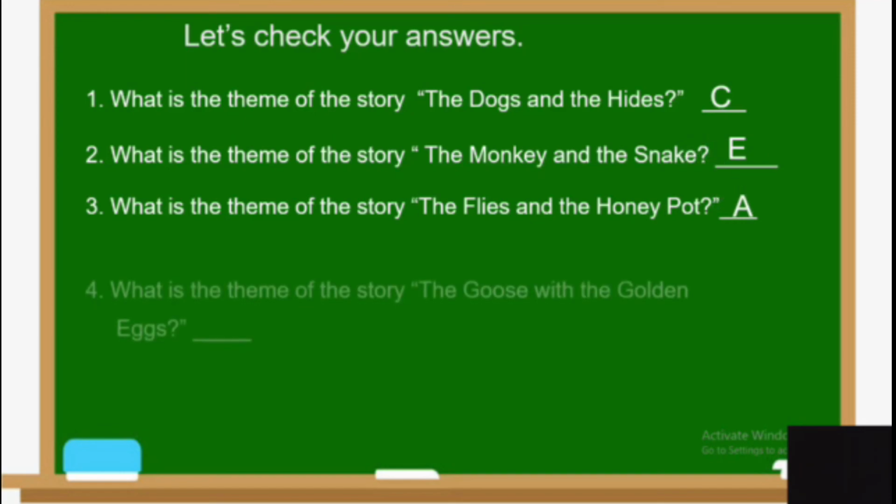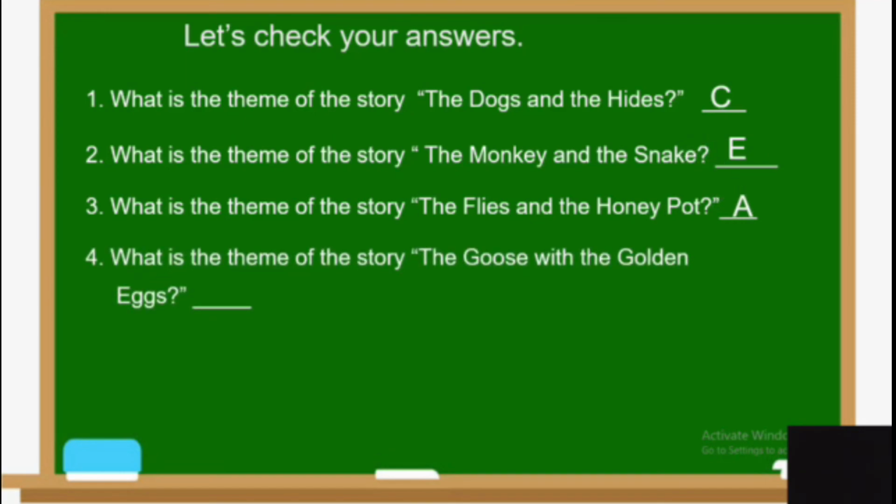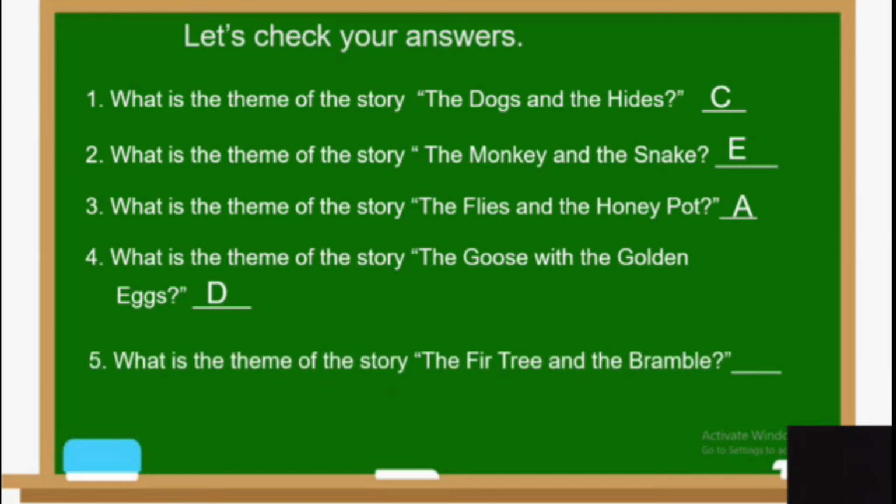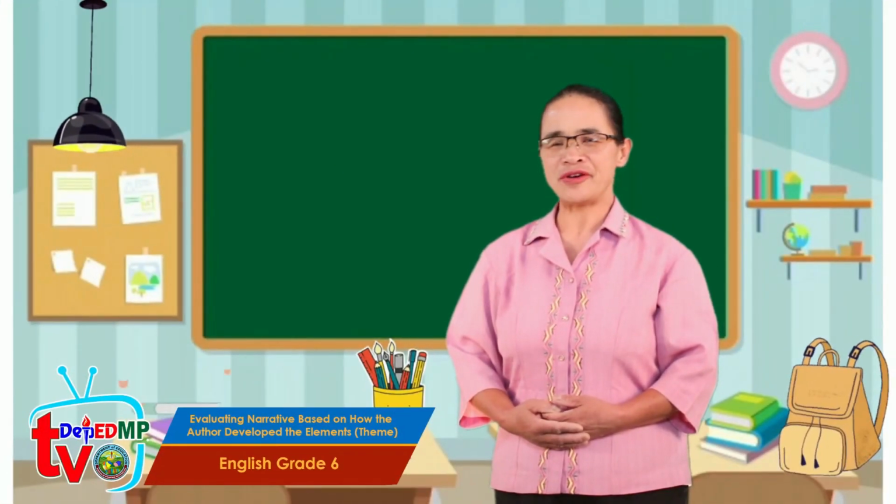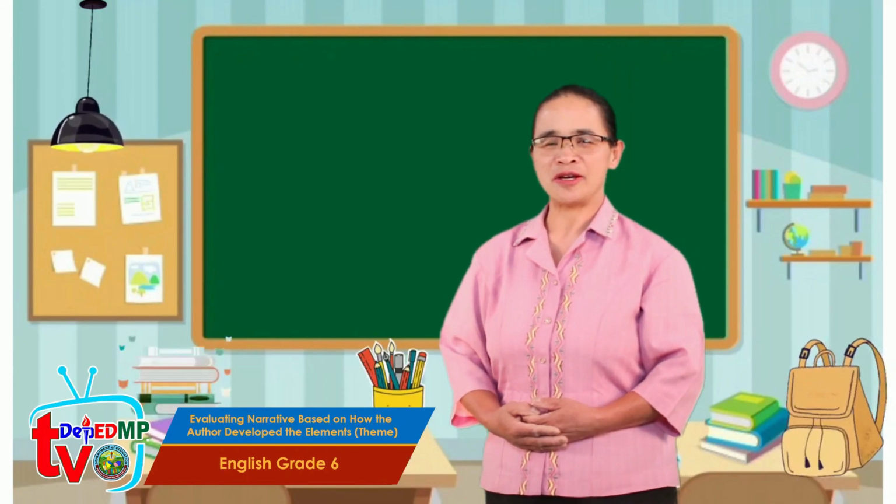A. Number 4. What is the theme of the story The Goose with the Golden Eggs? D. And number 5. What is the theme of the story The Fir Tree and the Bramble? Letter B. Very good. You have done a very good performance today.